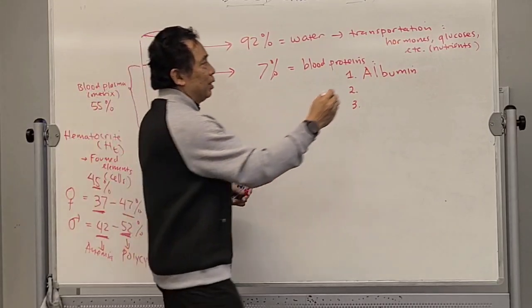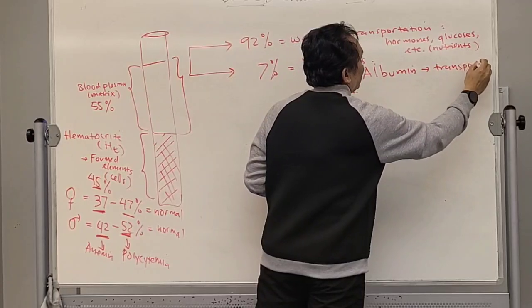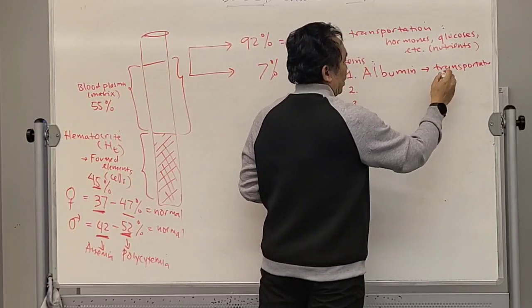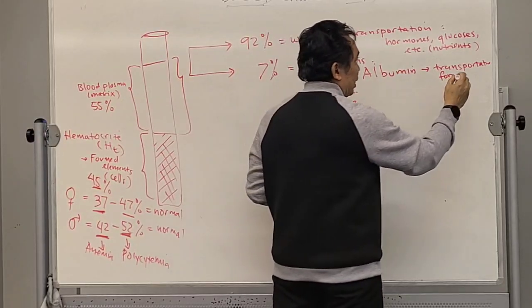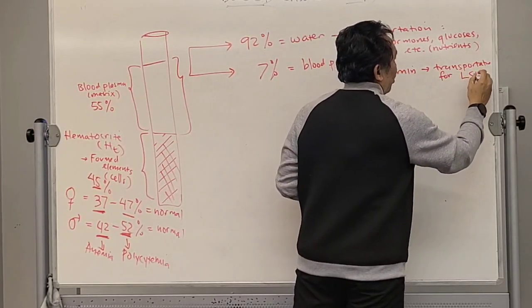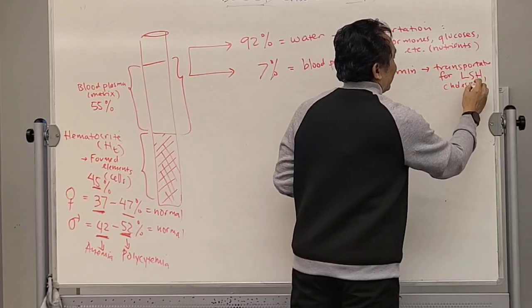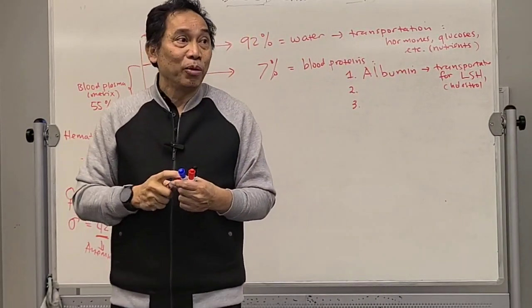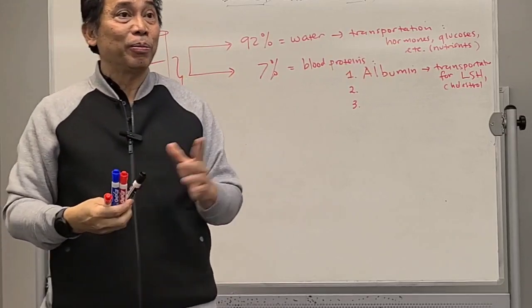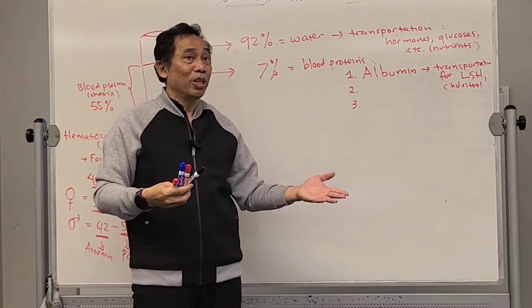What is the function? Again, this is transportation. For example, lipid soluble hormone and cholesterol will be transported by this albumin. Remember when we talked about the lipid soluble hormone, they cannot be transported freely in the water.